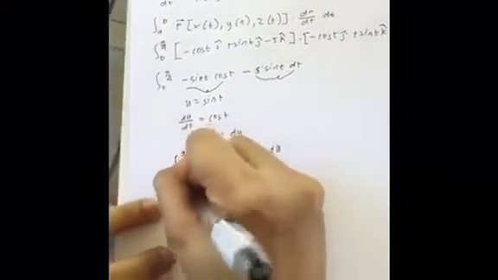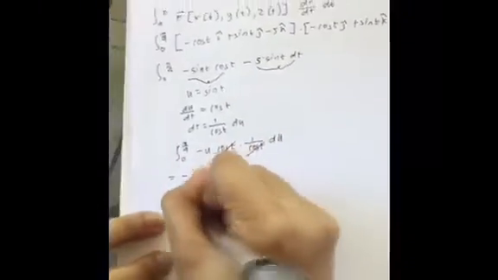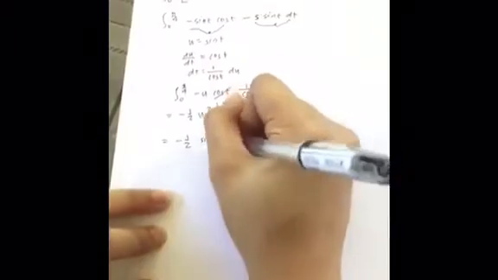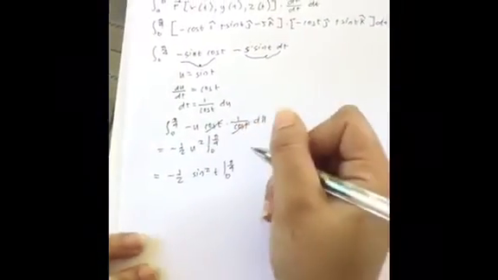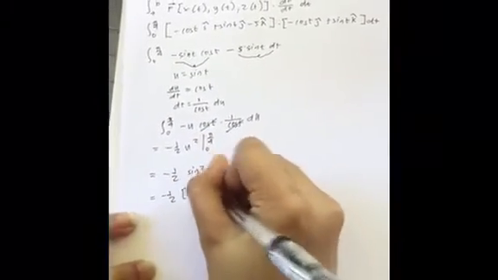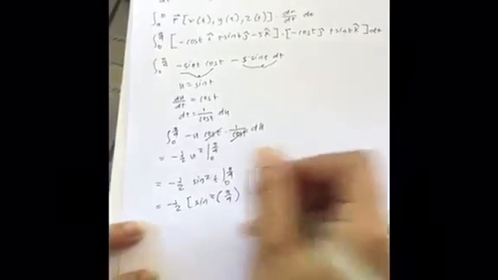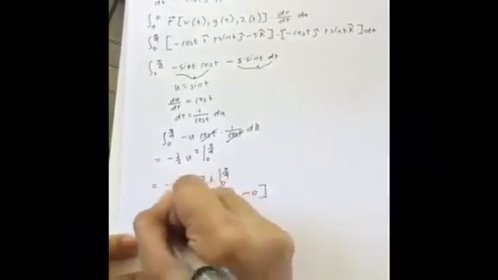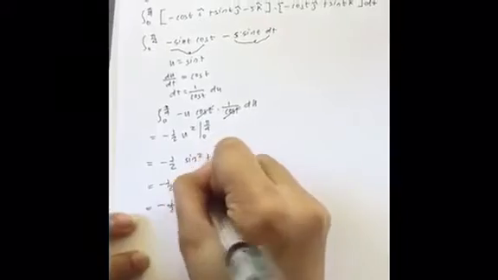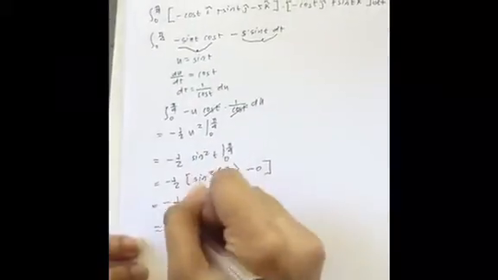So we have negative 1/2 u squared from 0 to pi over 4. It is equal to negative 1/2 u squared, where u is sine t, so it is sine squared t from 0 to pi over 4, then negative 1/2 of sine squared of pi over 4 minus 0. So the final answer is negative 1/2 times the square root of 2 over 2 squared, and the answer is negative 1/4.